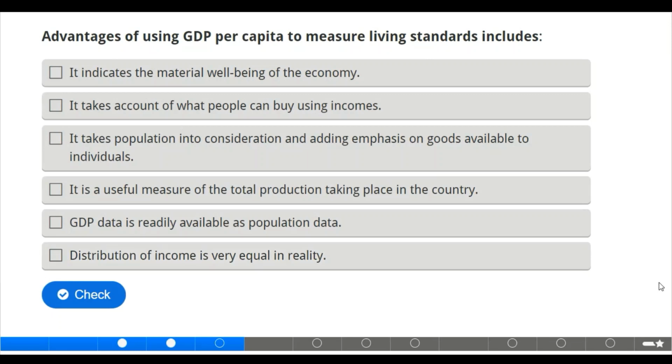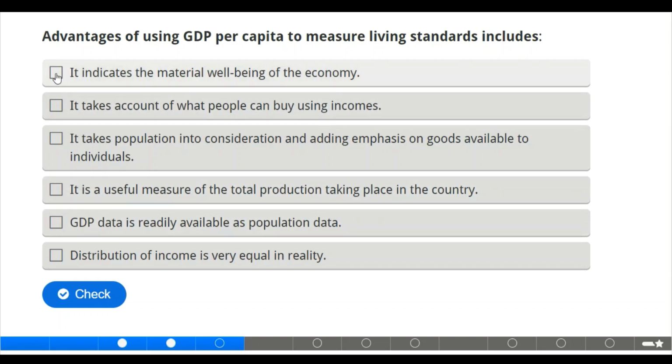Moving to the next slide, we now have the advantages of using GDP per capita to measure standard of living. Remember we said that GDP per capita measures the average income per person in an economy. Now let us choose the advantages among these multiple choices. The first one says it indicates the material well-being of the economy.